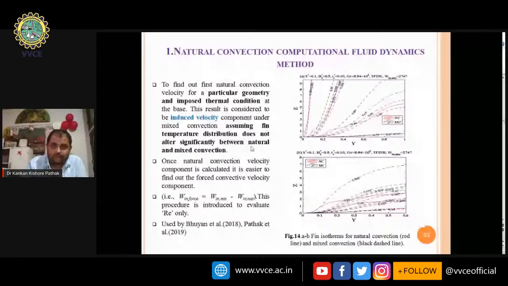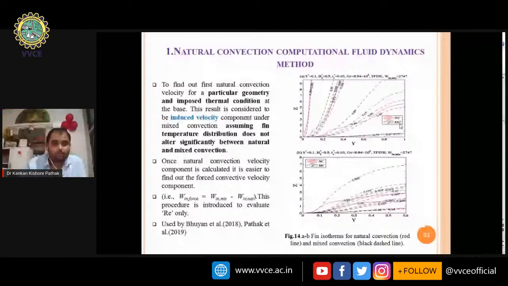If the red line shows the natural convection and the black dotted line shows the mixed convection fin temperature distribution, for a particular configuration, non-dimensional fin spacing like 0.1, 0.5 variable height fin, clearance 0.10, some particular Reynolds number, some particular mixed convection velocity, and the natural convection fin temperature distribution is not varying much from the mixed convection fin temperature distribution, then we can consider this method.